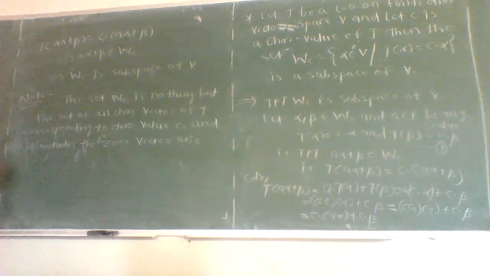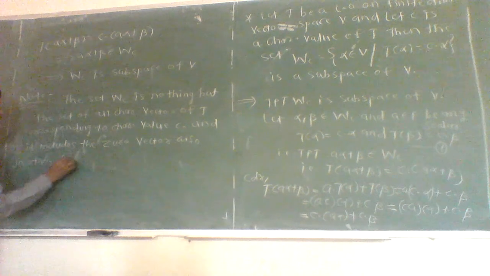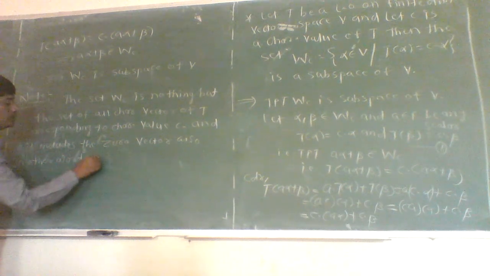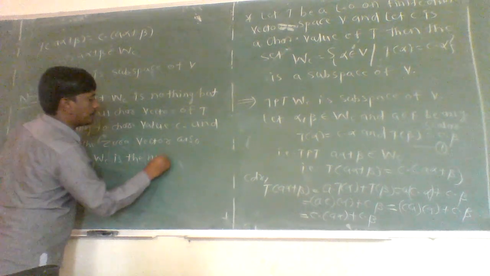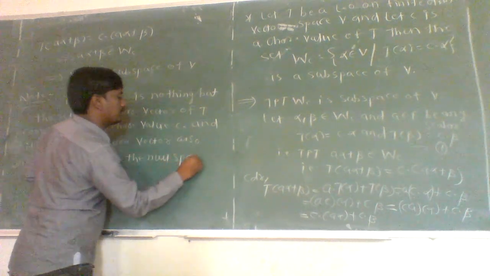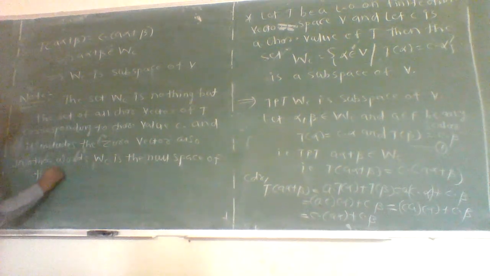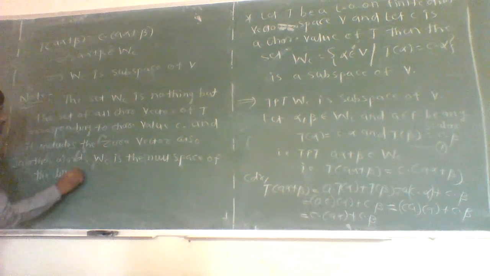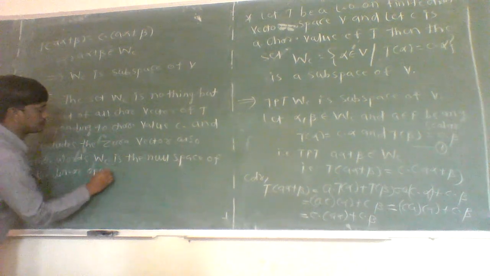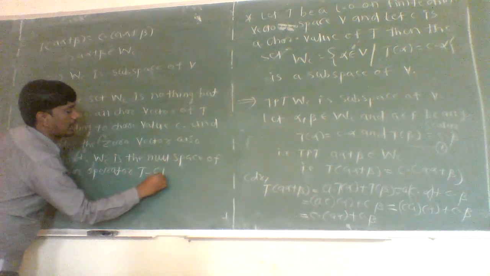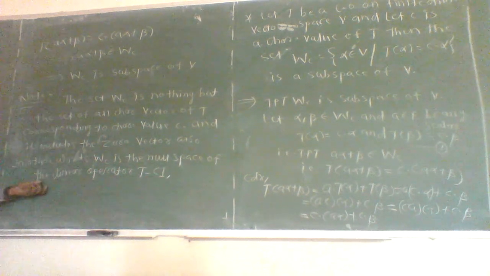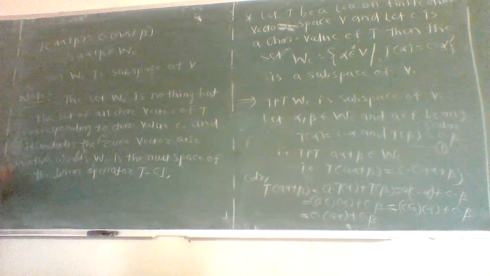Now in other words, WC is the null space of the linear operator T minus CI, where I is the identity operator. How? Let us see.